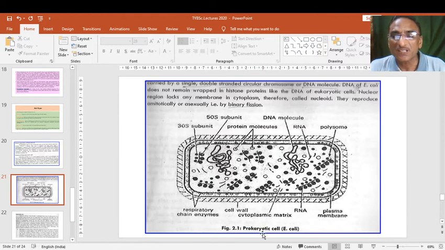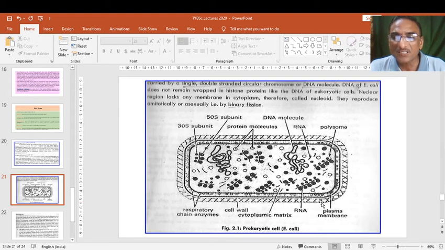So in this figure of the prokaryotic cell of E. coli, you can observe that there is an outer cell wall. Then the respiratory chain enzymes are located on the inner wall. This inner wall is nothing but the plasma membrane.